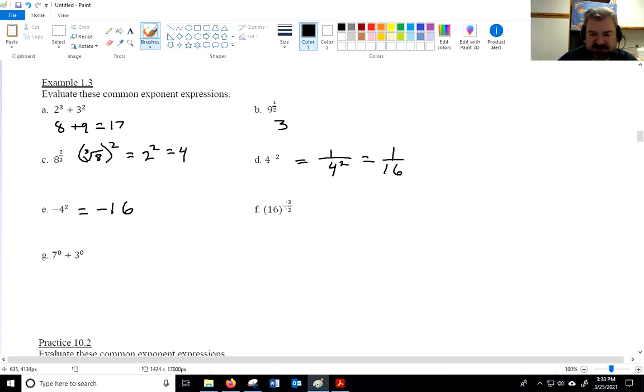Now we have 16 to the negative 3 over 2. It's kind of hard to see, but this is a negative symbol. So that means it's 1 over 16 to the 3/2. Then I do the root first. I don't want to cube 16. I don't even know what that is. Take the square root of 16 first because of the 2 on the bottom, which is 4. And then 4 cubed is 64.